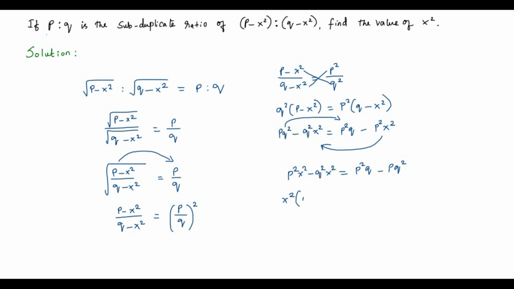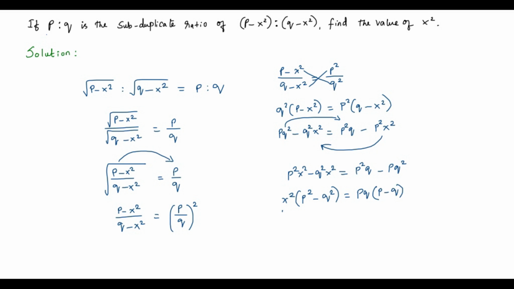So you will have x square times P square minus Q square is equal to, from these two terms we can factor out PQ. So you'll have P in the first term, Q in the second term. So P minus Q, that is PQ times P minus Q.